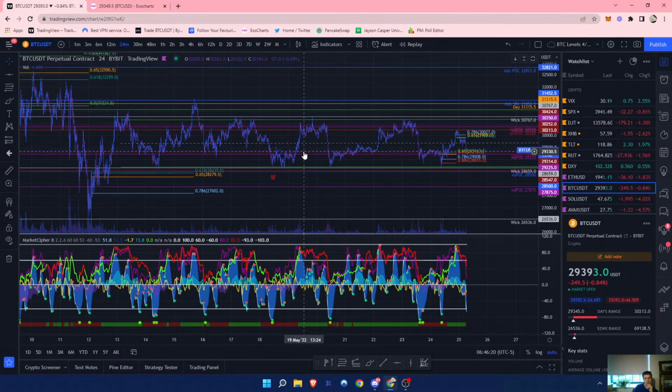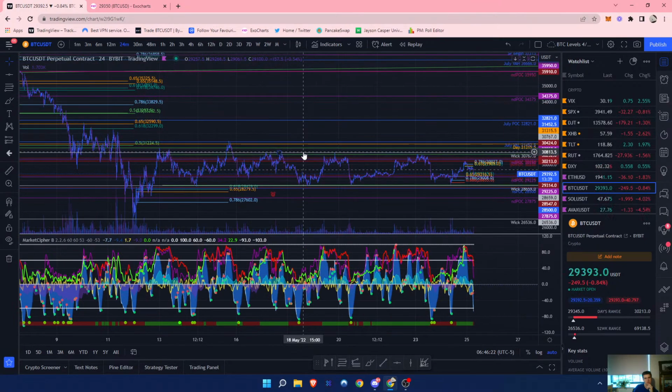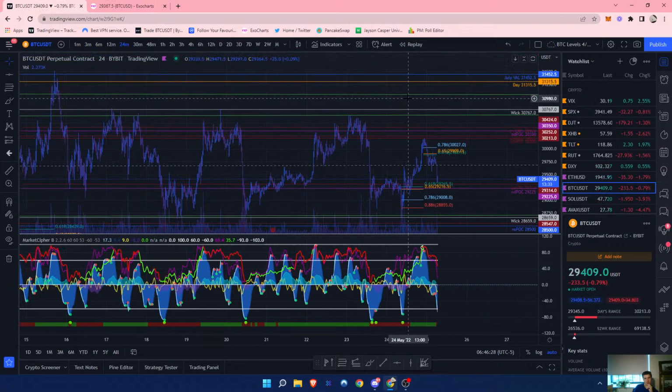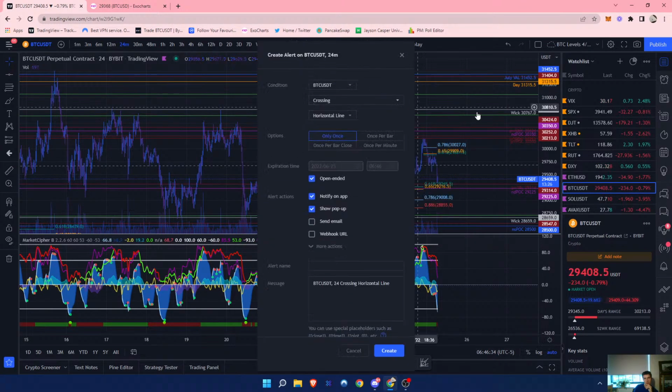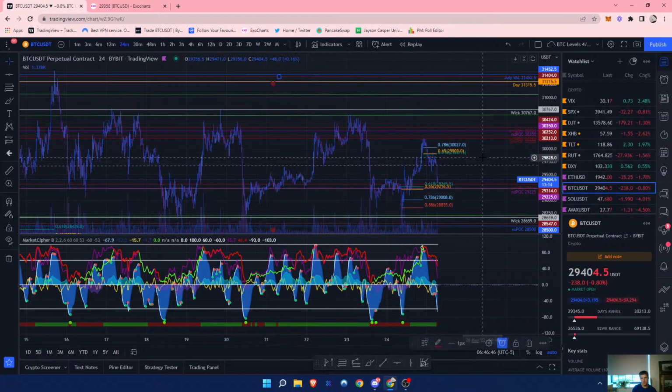Alright, we'll start looking at really swing shorts. This level right here, this July valley area low. It might be like a daily level too, but ultimately this will be a 1 hour short.